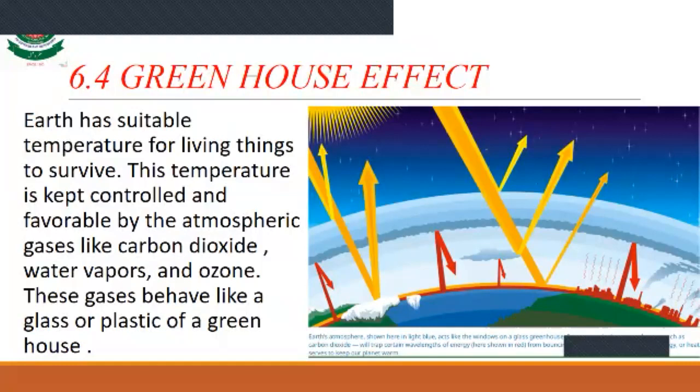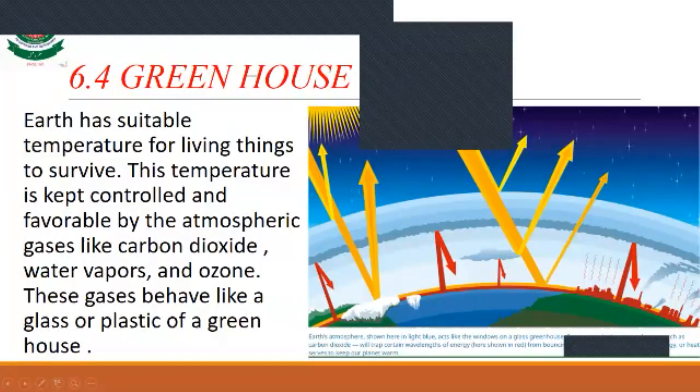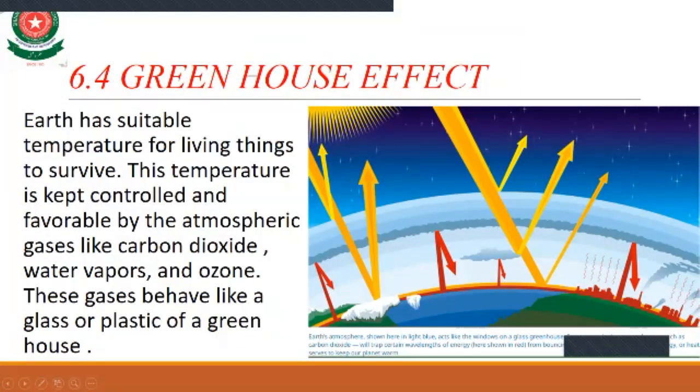Some gases in the atmosphere, such as carbon dioxide, shown in red, will trap certain wavelengths of energy from bouncing back into space. That trapped energy or heat keeps our planet warm.